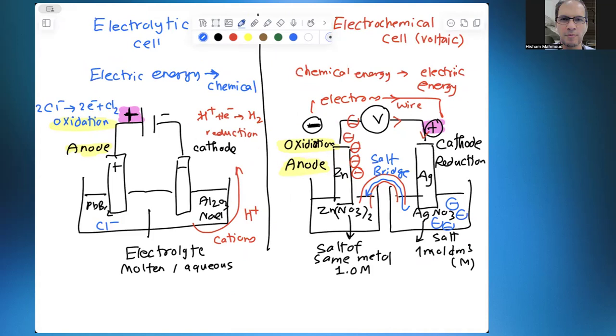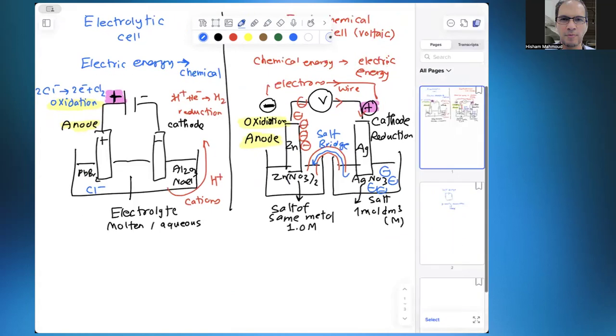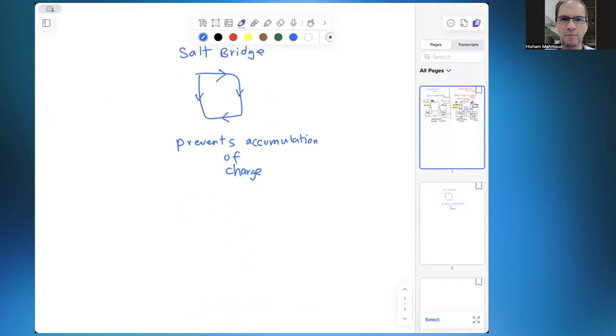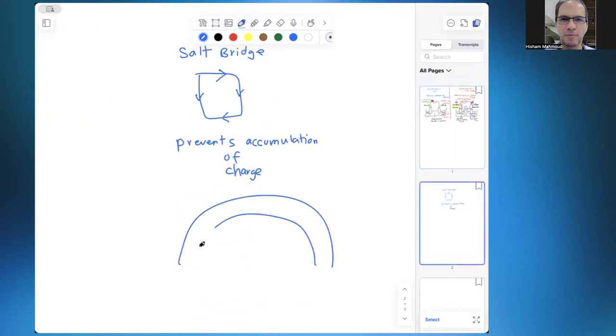So I need something to remove the ions. I place some sodium nitrate inside the salt bridge here. What will the sodium nitrate do? The nitrate ions are going to move from here to here, from the cathode to the anode. What happens when the NO3 moves from the cathode to the anode?